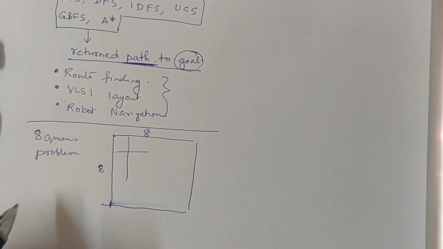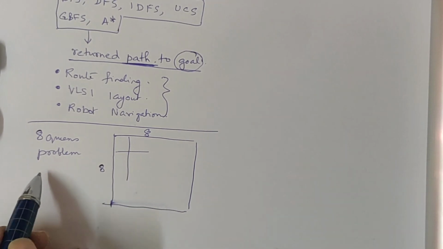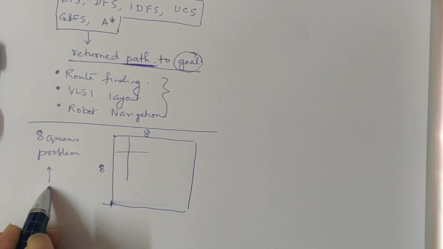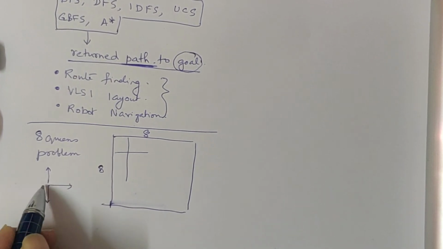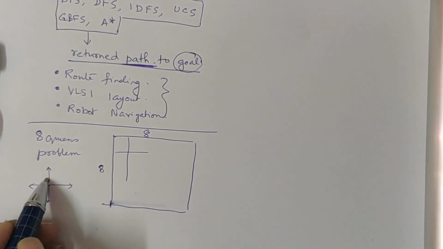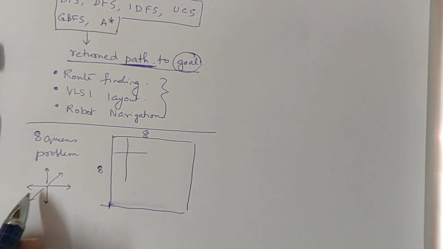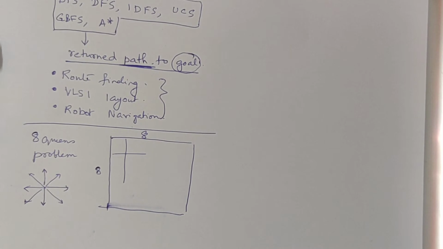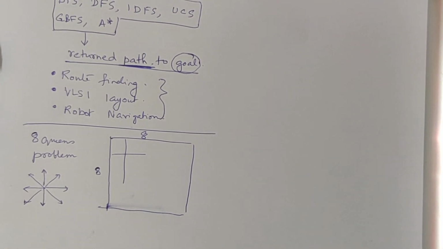A queen can move any amount of length, front, back, right and left, and also diagonally, right? Queen is a powerful piece in chess.